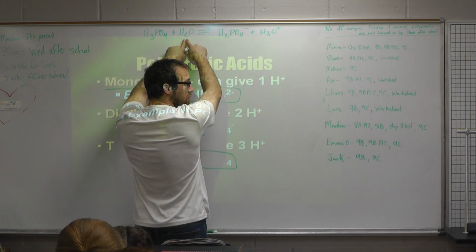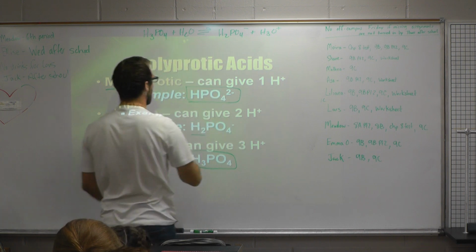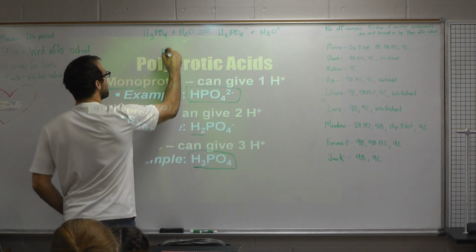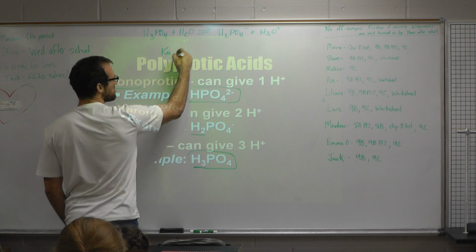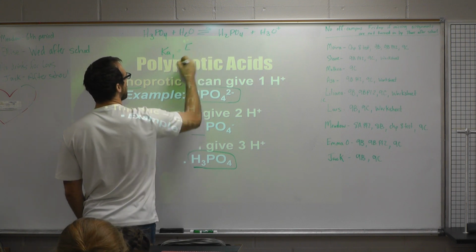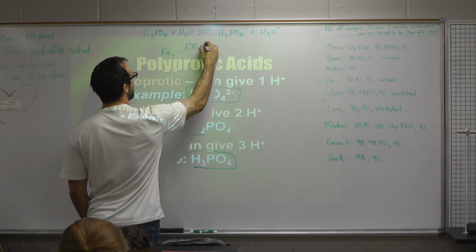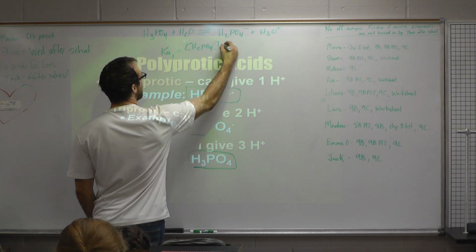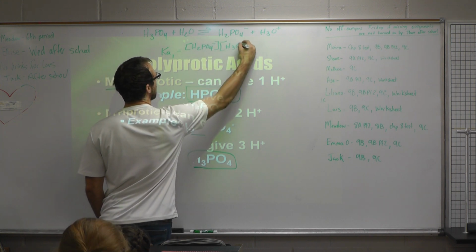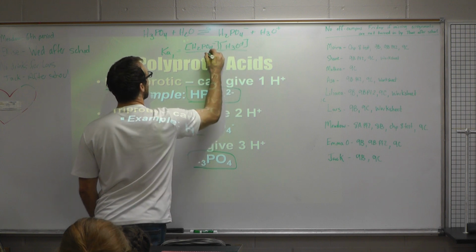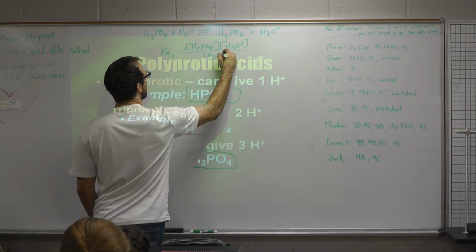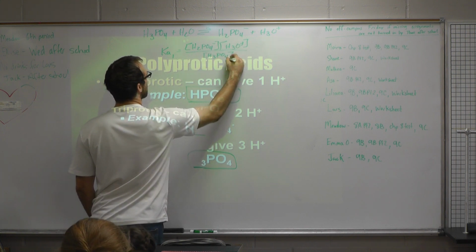Only different by one proton, correct? Can I write the Ka value of this? I'll say Ka1, H2PO4 minus times H3O plus over H3PO4.